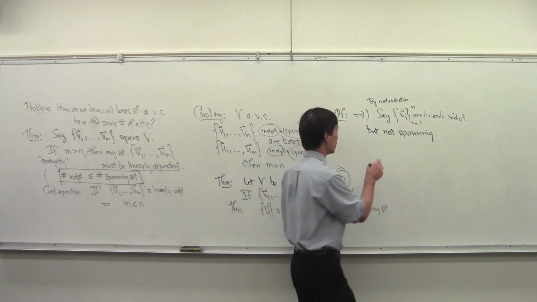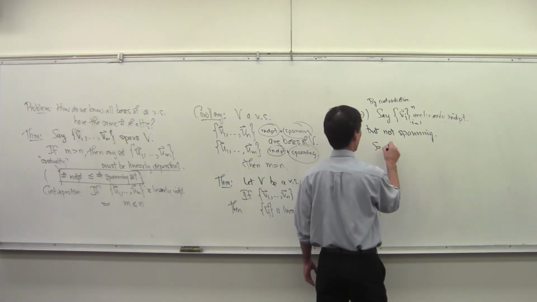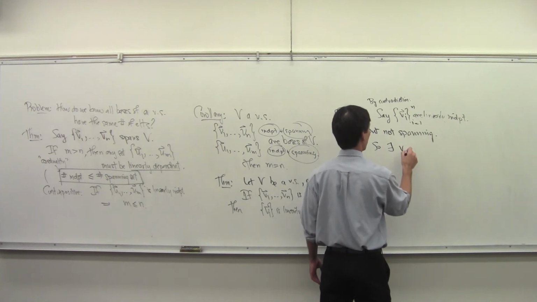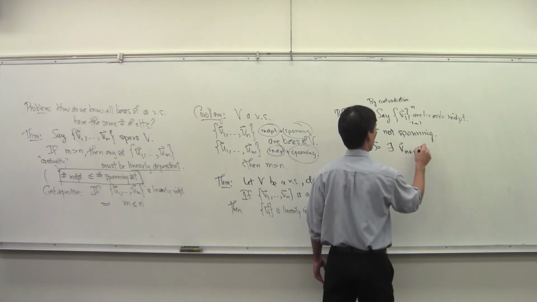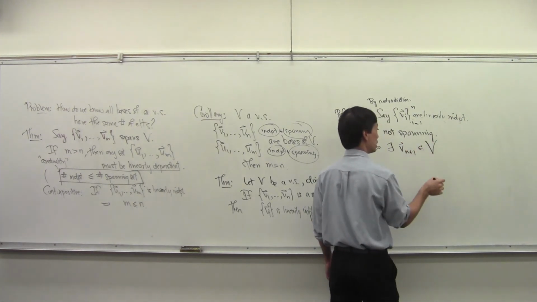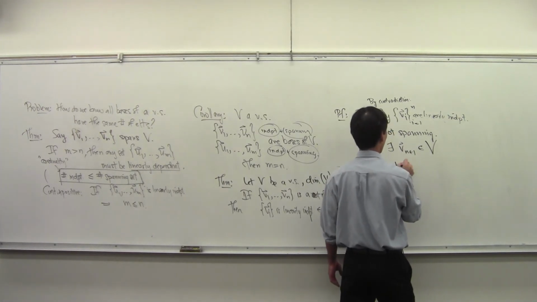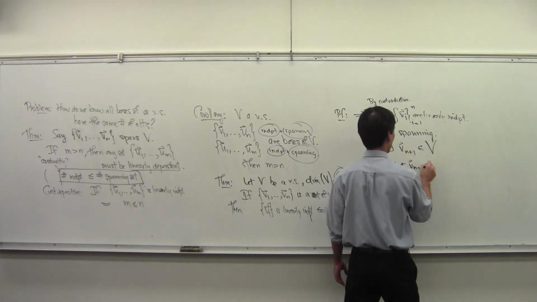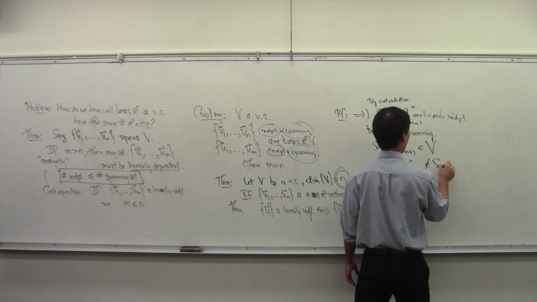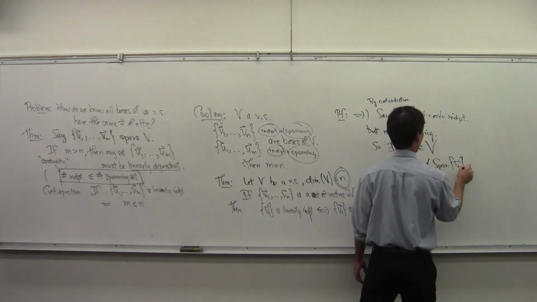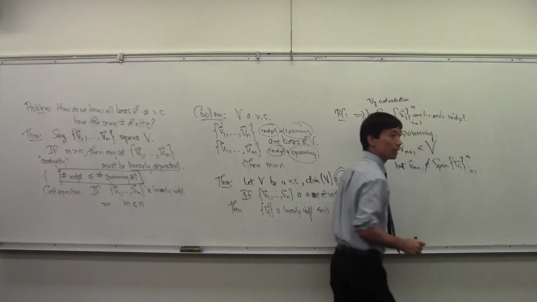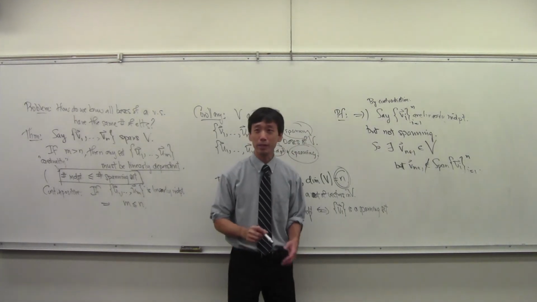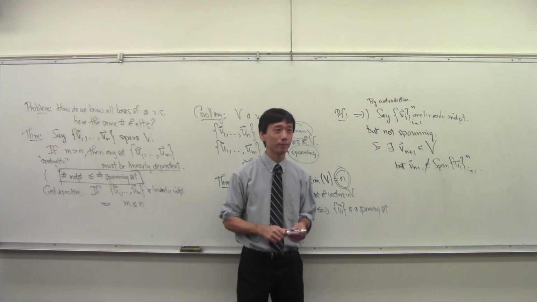So there exists some vector, Vn plus 1, that is in the vector space, but it's not in the span of the Vi. It's not in the span of the other guys. Why is that impossible?